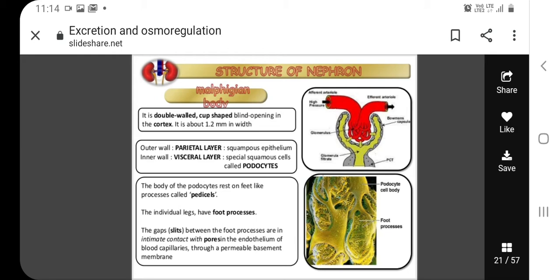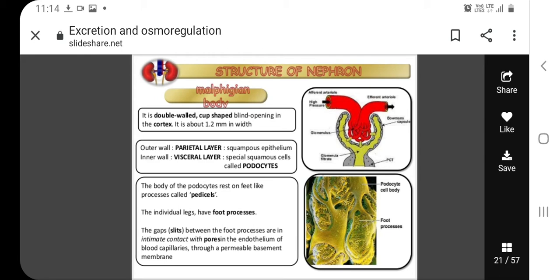it forms the peritubular capillary network, which surrounds and interacts with part of the renal tubule.